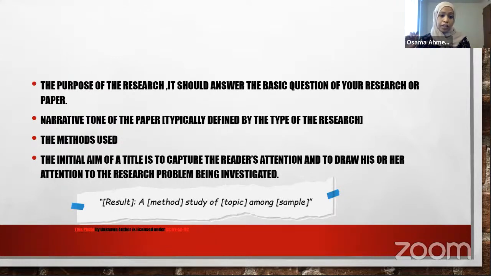And the initial aim of the title is, of course, to capture your reader's eye and draw their attention to your paper. This is a basic formula of the title: results, a method, the study of, among sample. We will understand that further on.